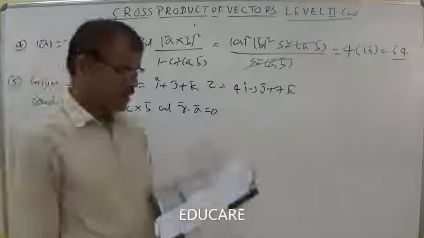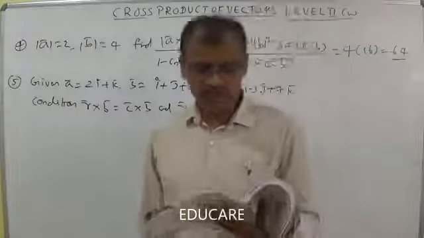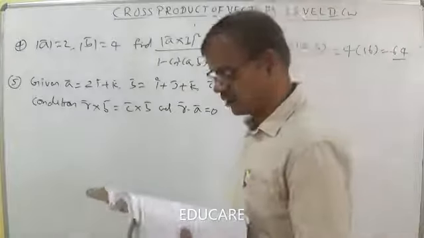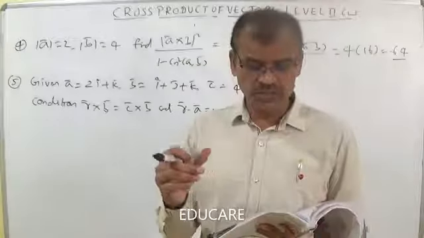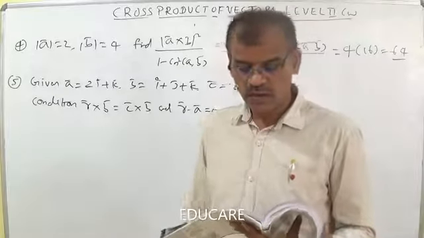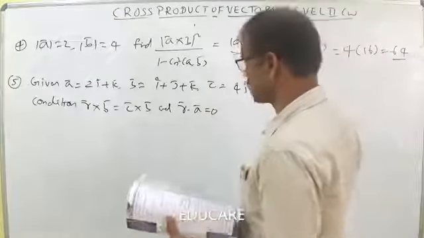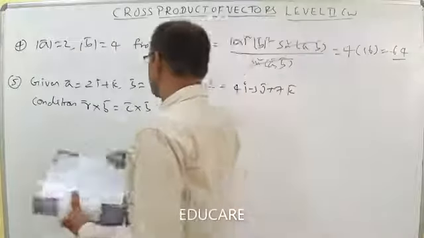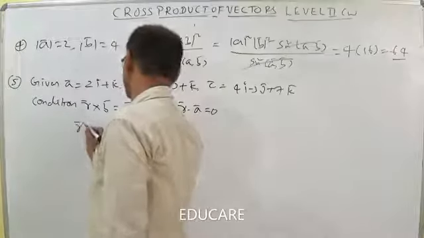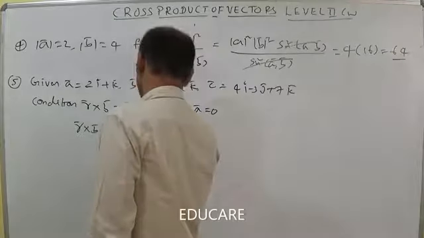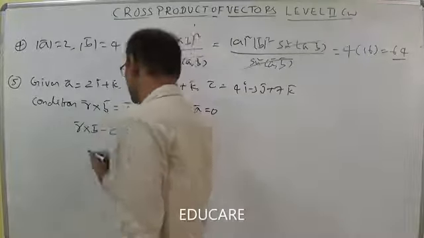Then we should calculate the vector r. Let us discuss this one. r bar cross b bar minus c bar cross b bar equals 0.